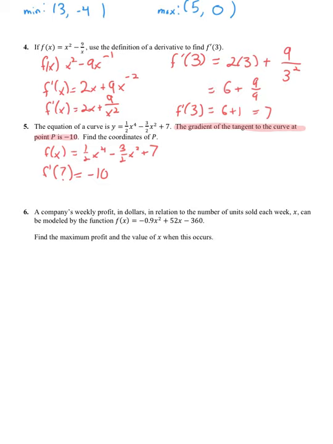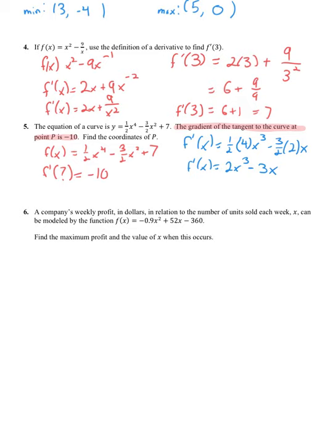So first things first, let's go ahead and find the derivative of the function. So it's going to be 1/2 times 4x cubed minus 3 halves times 2x, and then the 7's going to go away. All right, so 2x cubed minus 3x.